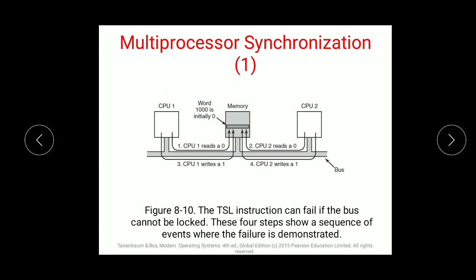Every time, one bus should be locked while one CPU is accessing it, so that other CPUs are denied access. As I said, one CPU at a time can be a solution for it.